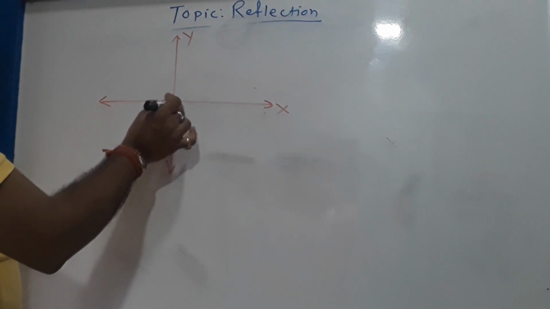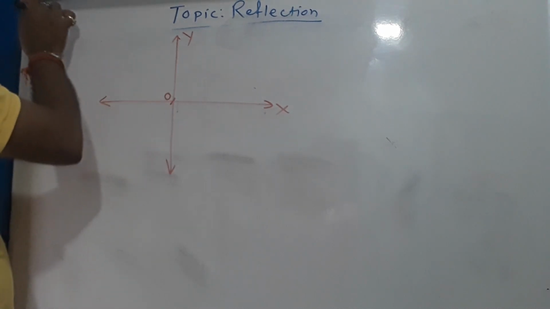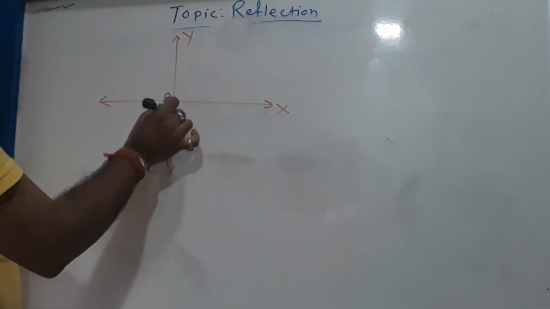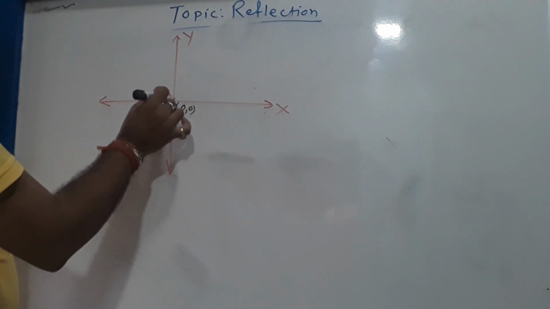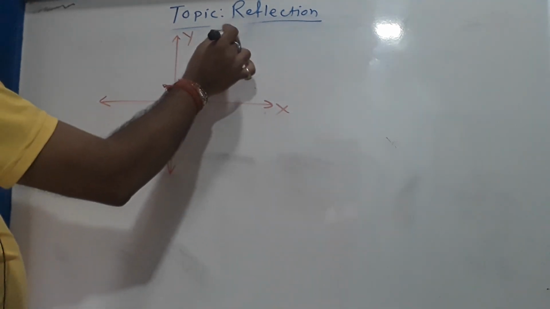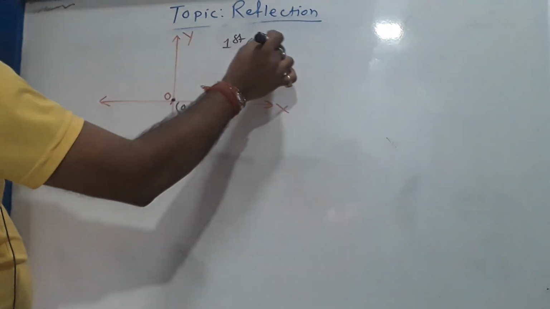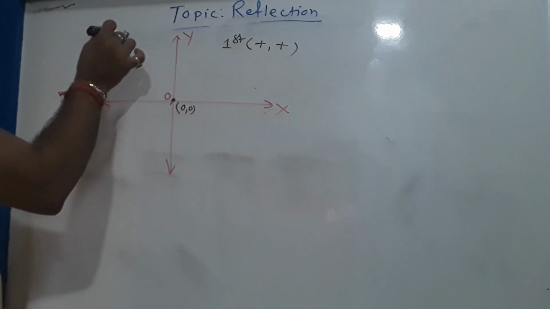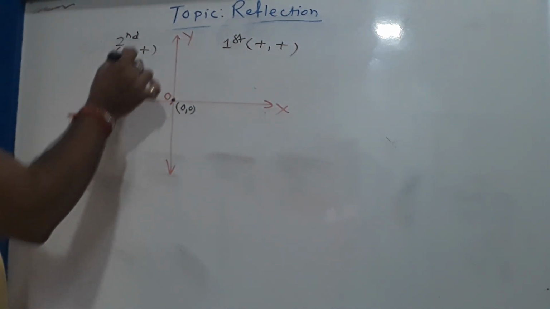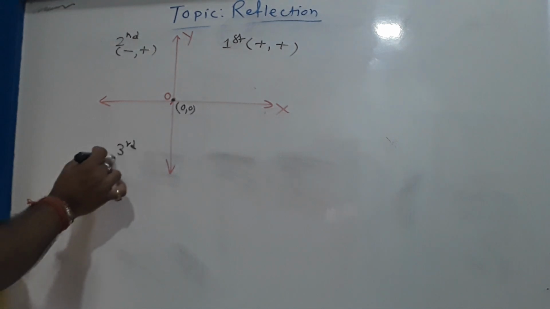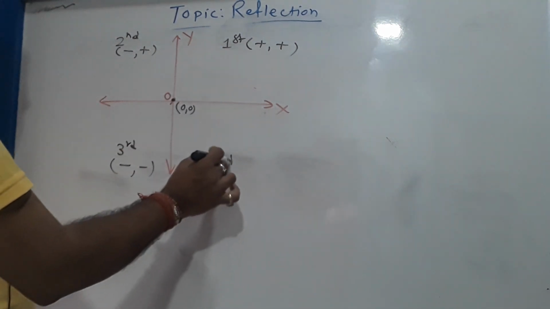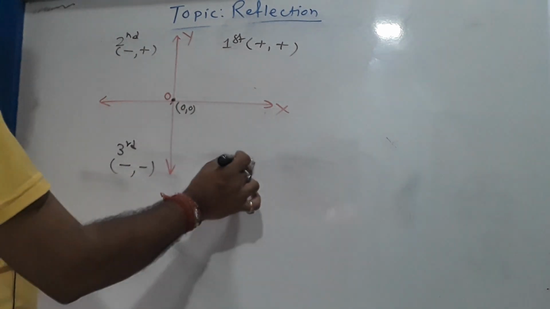That is my origin, 0, 0. Now this is my first quadrant: plus plus. Second quadrant: minus plus. Third quadrant: x negative, y negative, minus minus. Fourth quadrant: x positive, y negative, so plus minus.